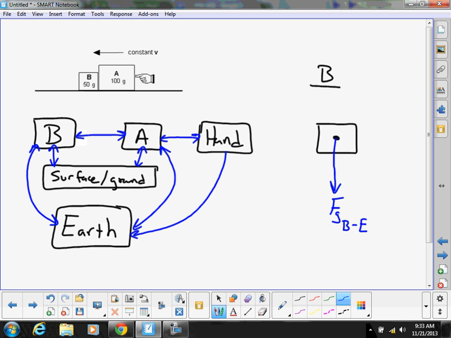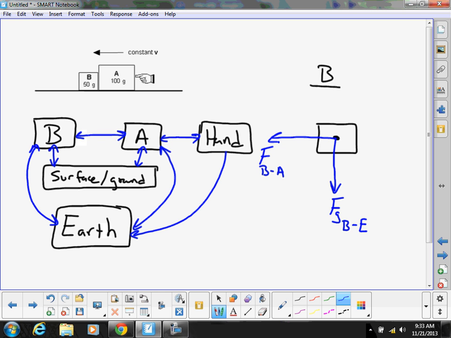Okay, what else do we have? We have the interaction between blocks A and B. But what's happening here? Block A is pushing block B to the left. So the force that A puts on B would be in that direction. So we have a force on block B by block A to the left.